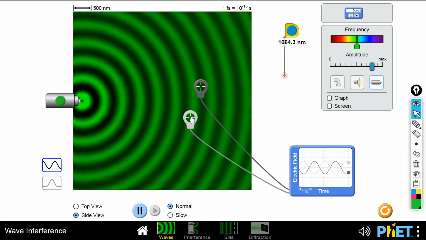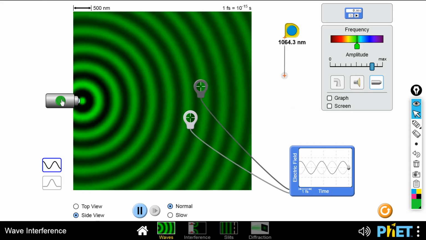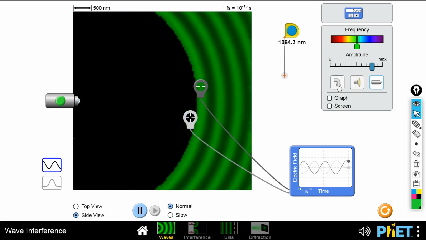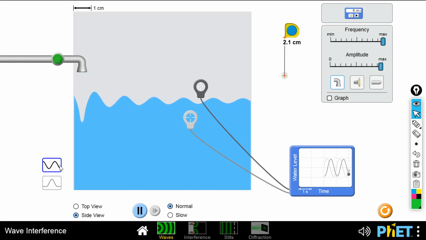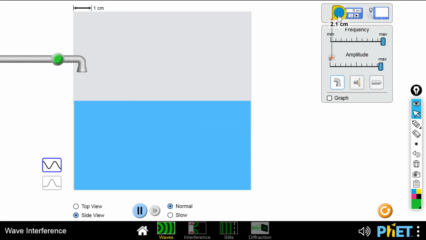So let's go ahead and turn that off, and get back to the water and turn everything off. Let it settle down, and put these back up in their position because I don't need them. And this last one was just a timer.